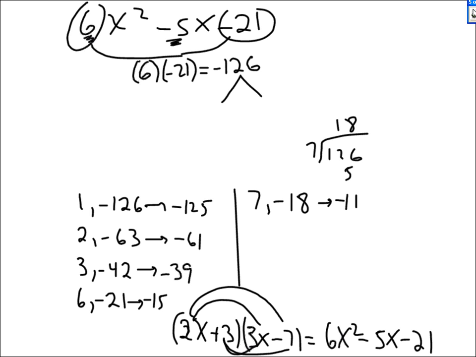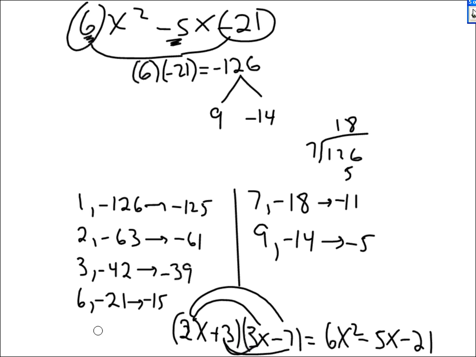Does 8 go in there? I would think not if 4 didn't. Since 4 didn't, 8 will not. Does 9 go in there? Yes, it does. 9 goes in there negative 14 times, and there's your negative 5. Okay, it took you a while, but we got it. 9 and negative 14, or negative 14 and 9.